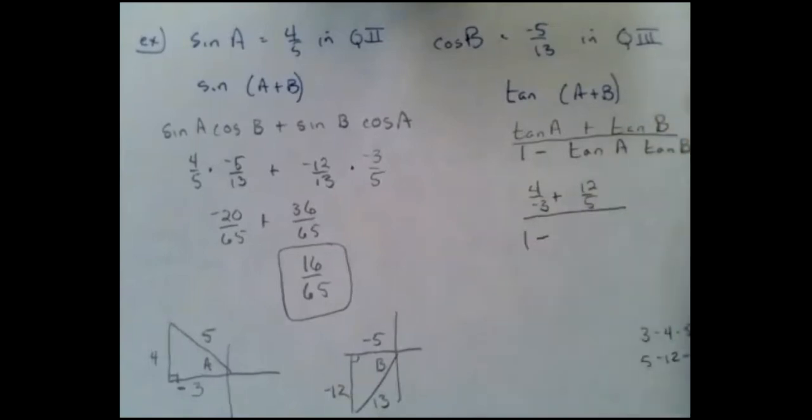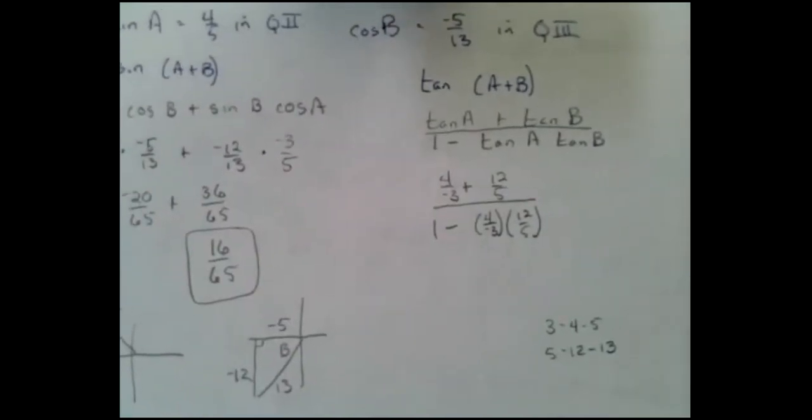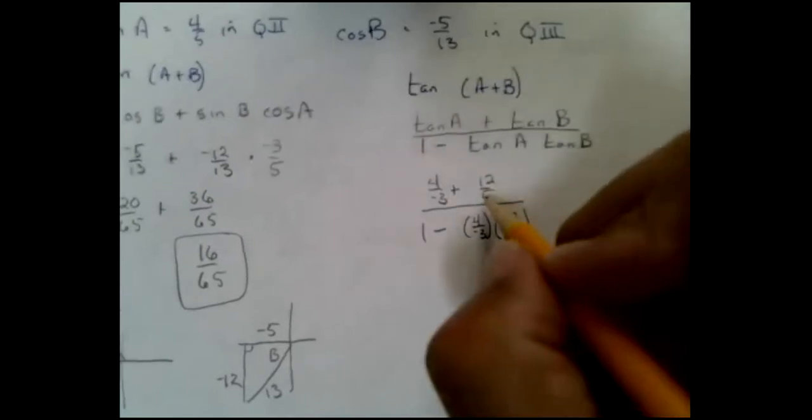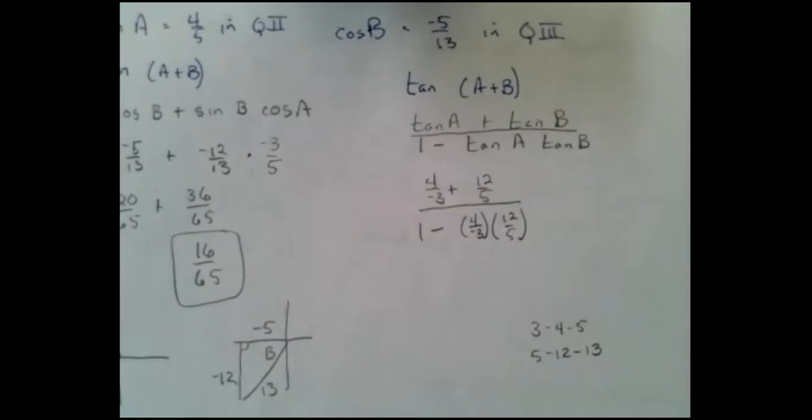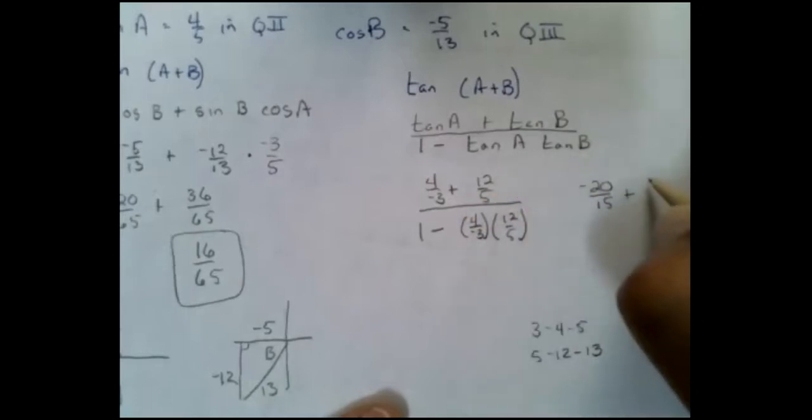Over 1 minus 4 over -3 times 12/5. Common denominator up here is going to be 15. So this is going to become negative 20 over 15 plus 36 over 15. This one's negative, this one's positive. 3 and 3, check. 5 and 5, check.